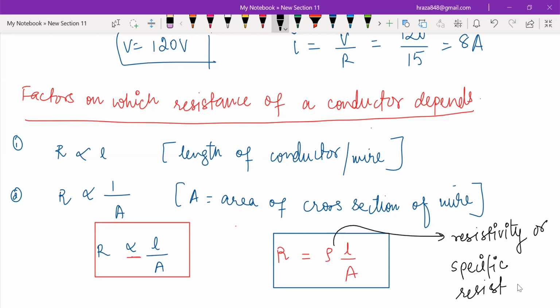For a particular type of wire, like copper, its resistivity is constant. If you are using copper wire, its resistivity will be constant. If you are using an iron wire, its resistivity will be constant. Are you getting my point now? Yes, sir.